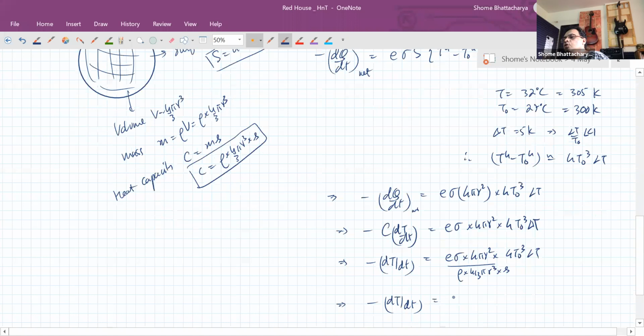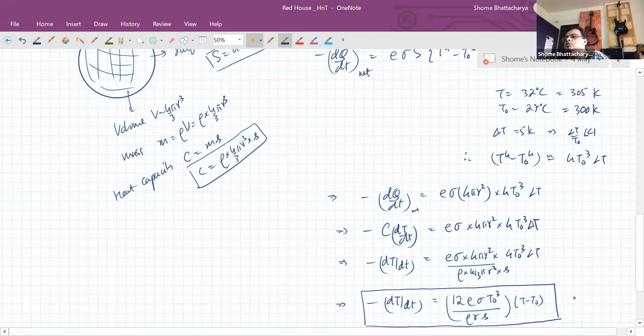So the 3 goes on top. So we have 12 E sigma T naught cube upon density into R into specific heat capacity, into the temperature difference. Now we can substitute the values in SI units. So we get the rate of cooling initially.